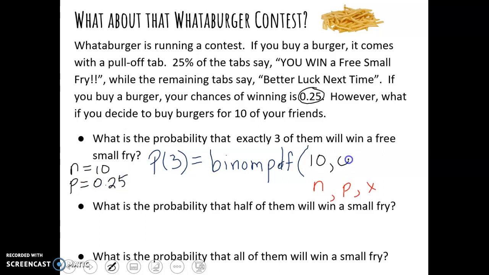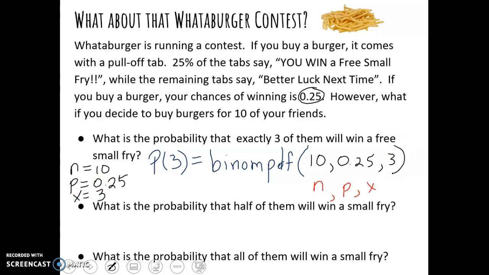And then X is the random variable, the number of successes we're trying to find the probability of. We want to know the probability that we'll win exactly 3 small fries, so X equals 3.